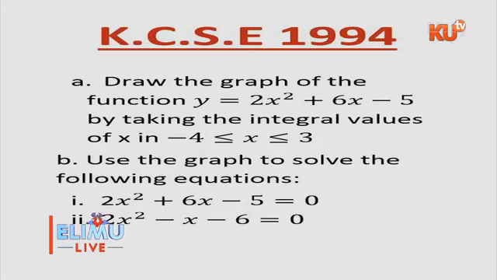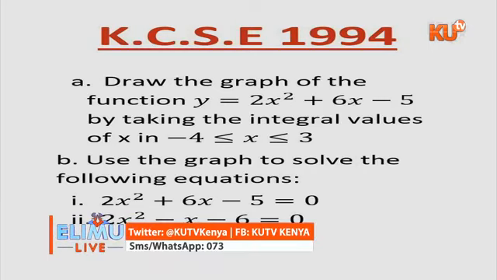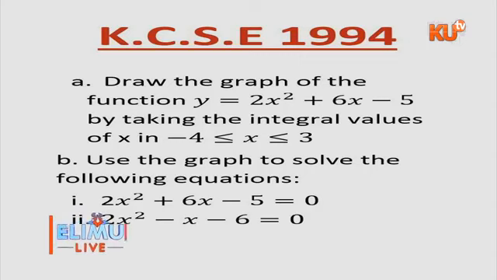So in 1994, as you can see, you are told to draw the graph of the function y is equal to 2x squared plus 6x minus 5.